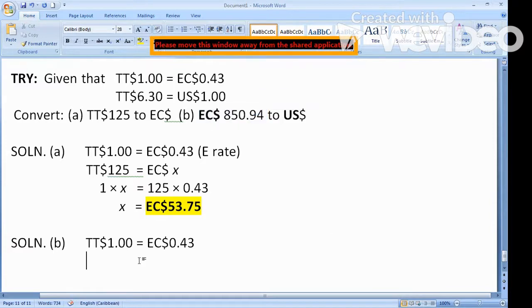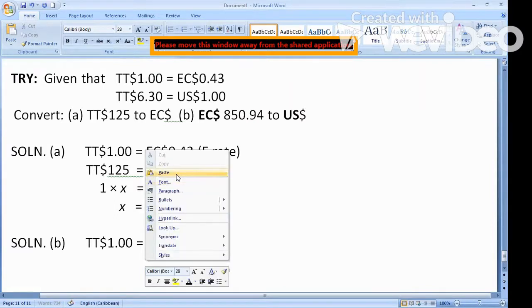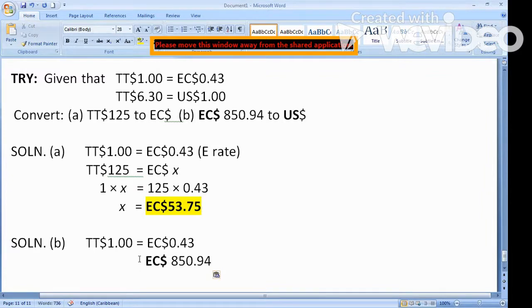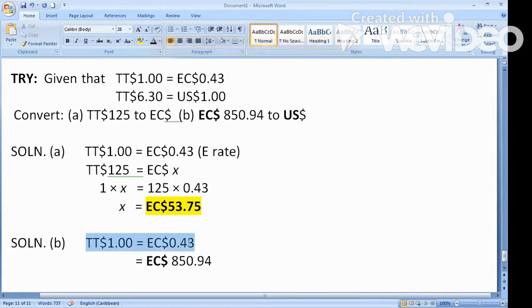Remember you're going to line up the country with the other country. I'm going to put EC over here. This is the exchange rate, and because I want to convert 850 EC, I ensure that the countries are lined up.